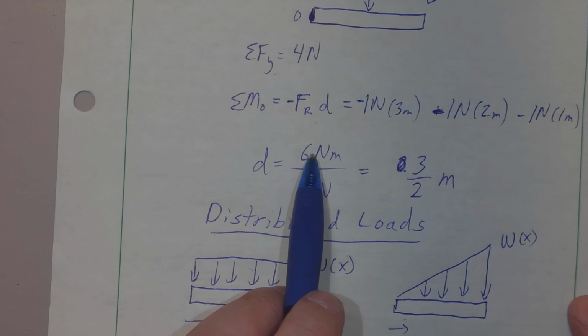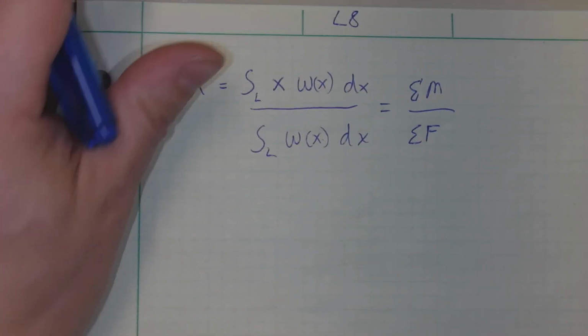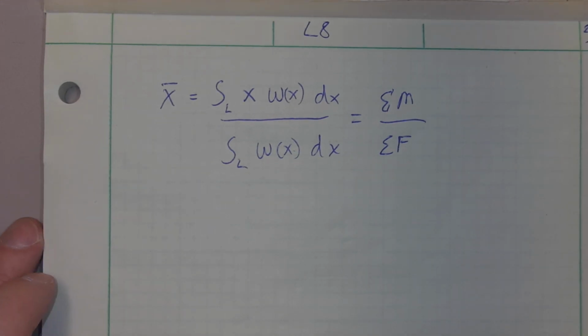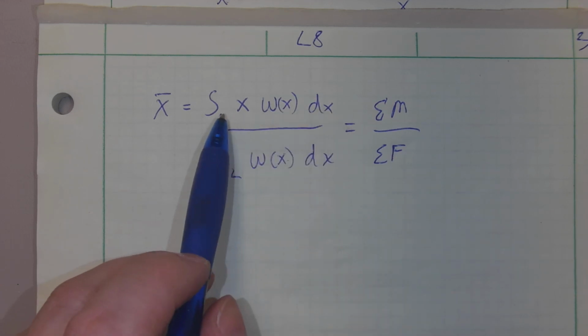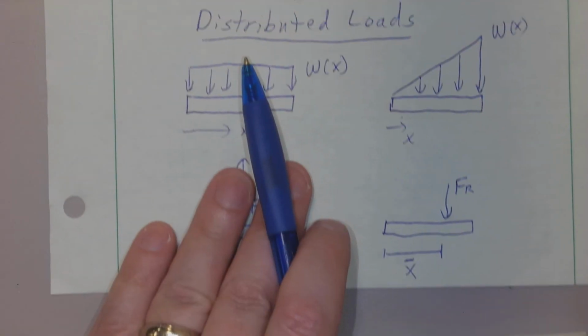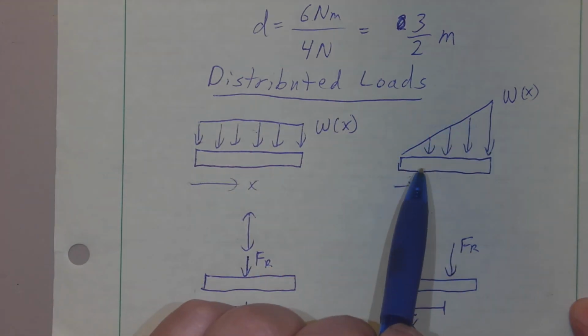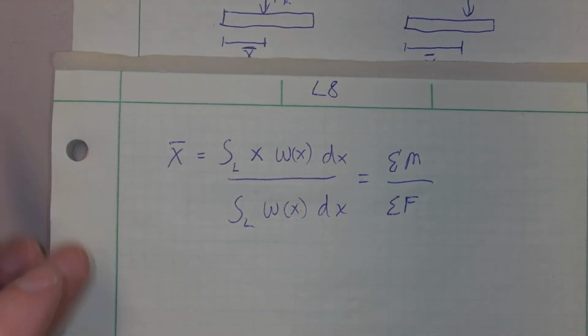Well, I took the net moment divided by the net force, and that showed me where it goes. So that's essentially what we're going to do here. If I've got some function of X, like this is a linear function, so it's going to increase as X increases, then I might need to actually perform an integral to do so.